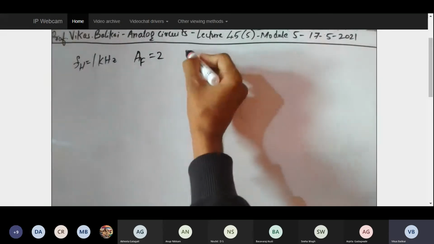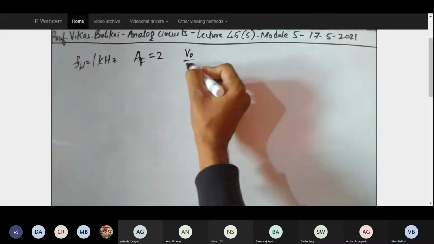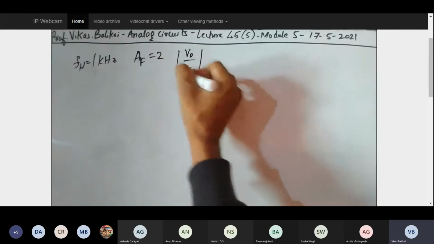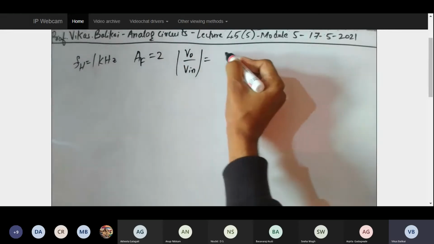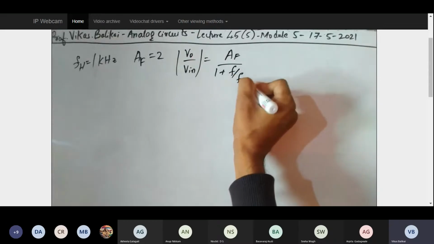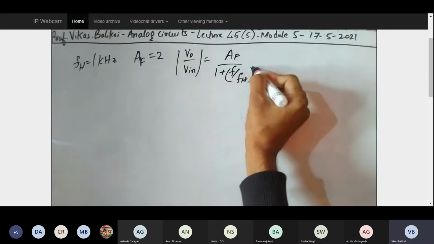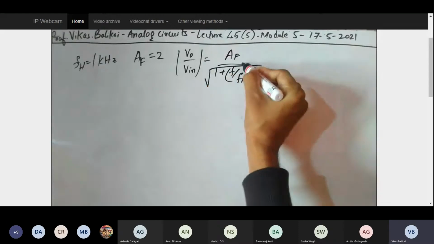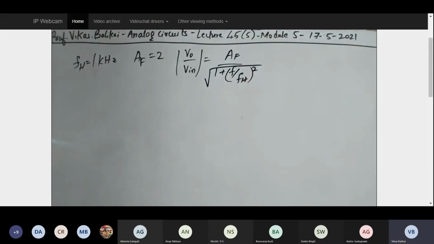Now, as we know, V naught upon V in magnitude is given by AF divided by the square root of 1 plus F by FH whole square. This is my gain magnitude equation. Now, using this equation, I'm going to plot the various parameters.